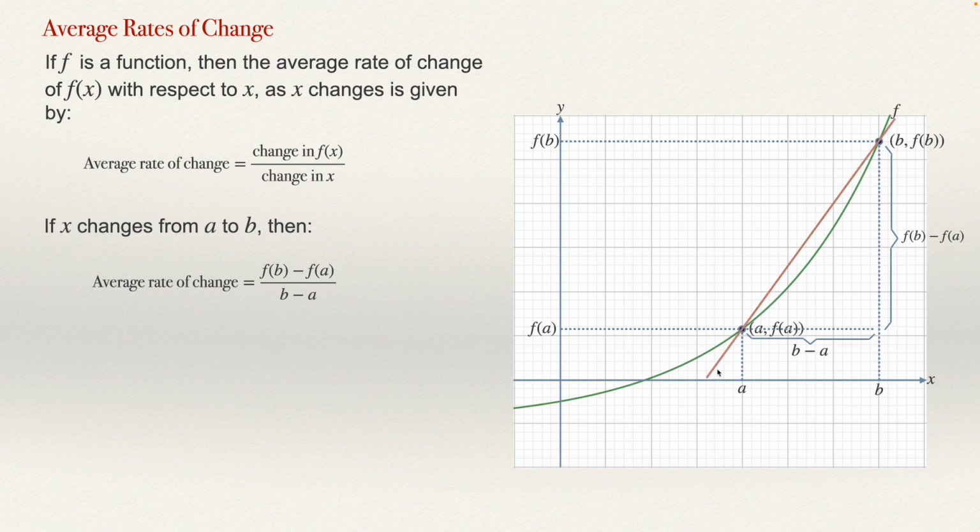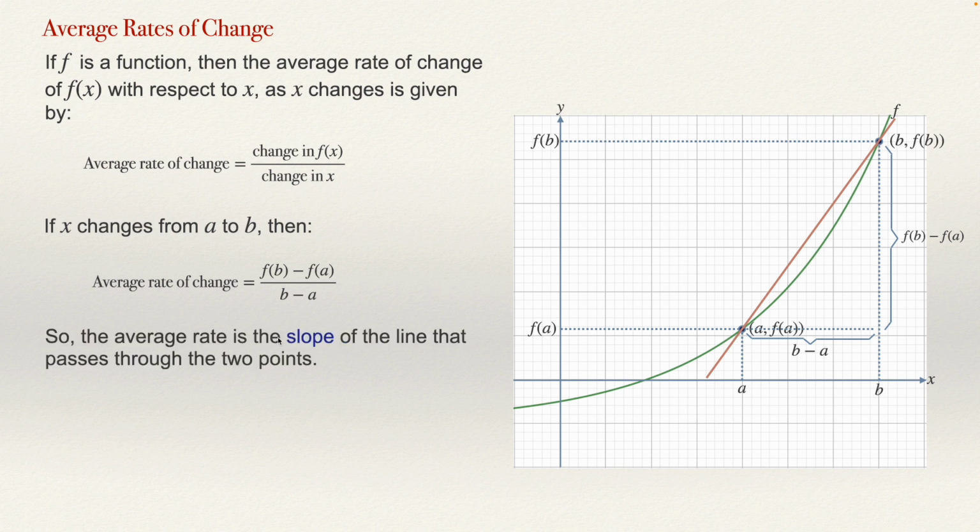You will notice that this is actually the slope of this line, the secant line, the line that passes through these two points, (a, f(a)) and (b, f(b)). So the average rate of change is the slope of the secant line.